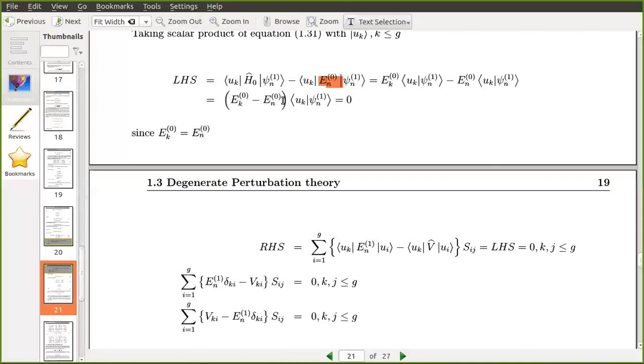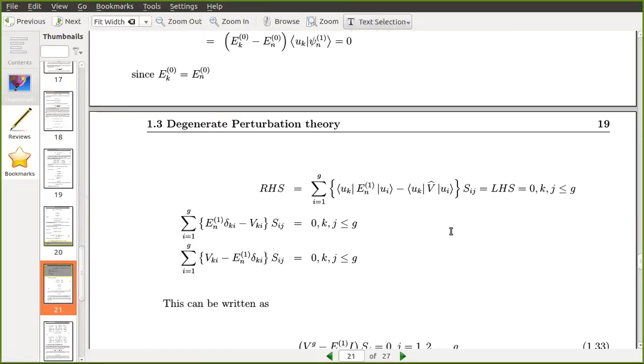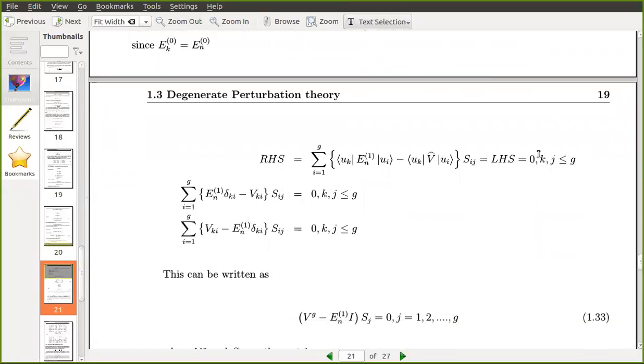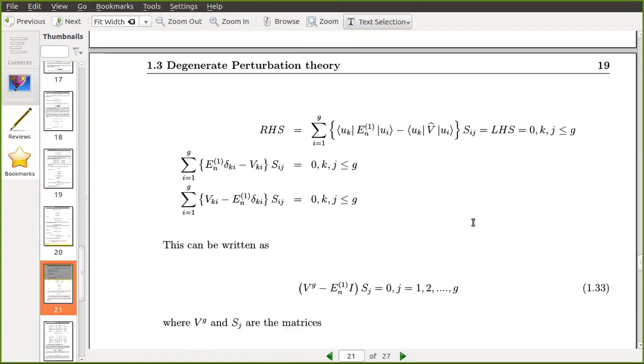So substituting that 0 here, because the LHS is 0 for k, j less than or equal to g, from that equation you can take this En of 1 to the left side. So uk ui, the scalar product of uk and ui, becomes delta ki.